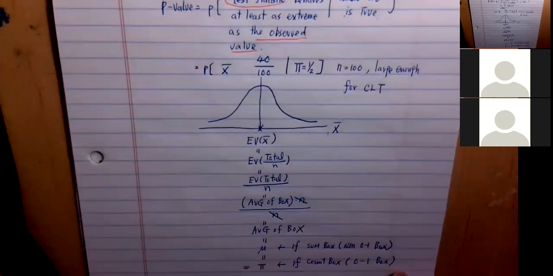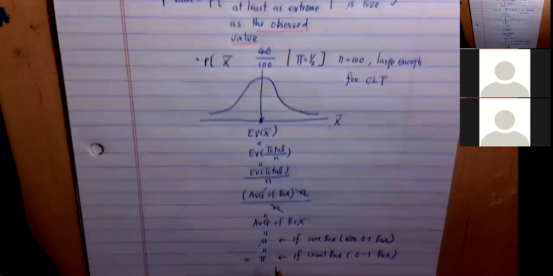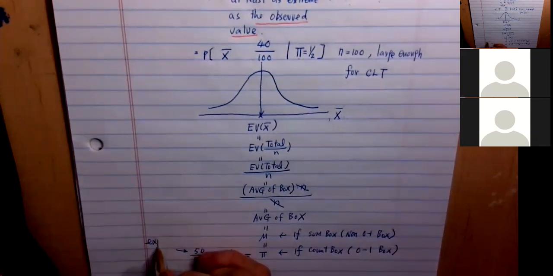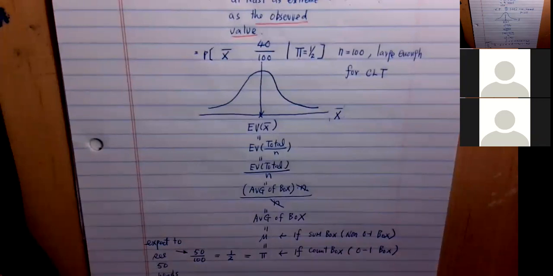Under H0 is true, pi is 1/2. But I'm not going to write 1/2, I'm going to write 50 over 100. That means when I flip the coin 100 times, I expect to see 50 heads from a fair coin.